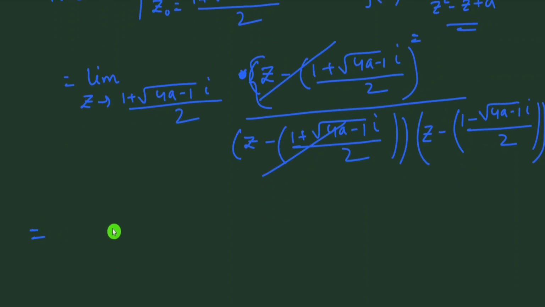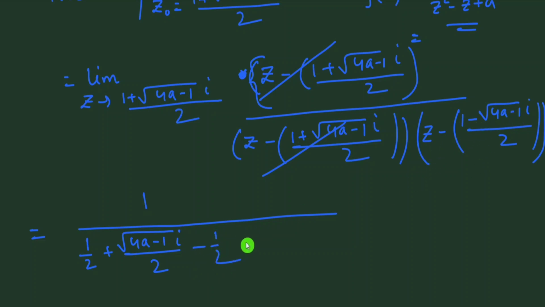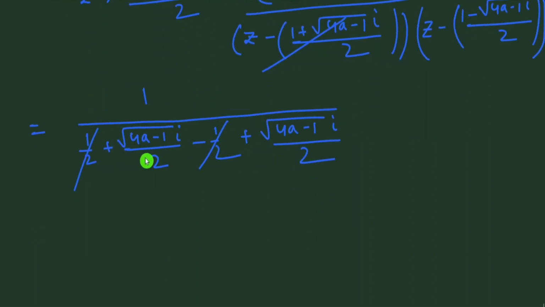This is equal to clearly 1 by, putting the value of the limit, 1 by 2 plus root of 4a minus 1 iota by 2 minus half minus, minus root under 4a minus 1 into iota by 2. Half cancels out, and by 2 means 1, so this gives 1 by simply root under 4a minus 1 into iota.